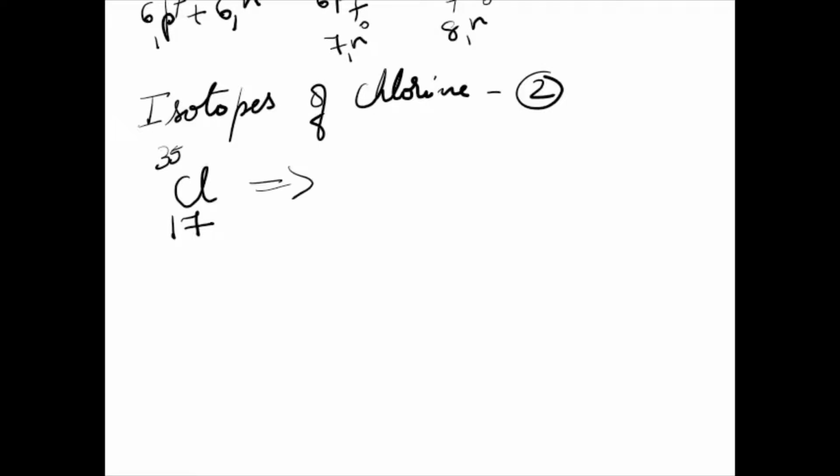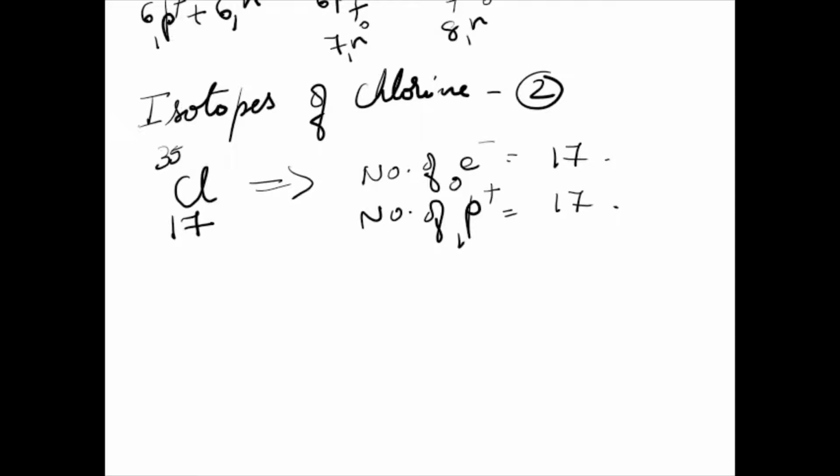This implies the number of electrons is 17, the number of protons is also 17, and the number of neutrons is 18, because its mass number is 35. So 35 minus 17 gives 18.